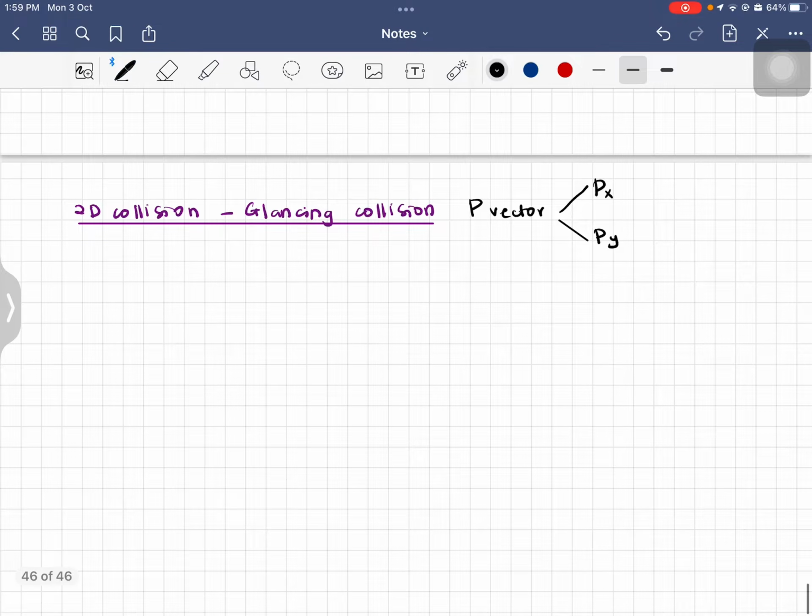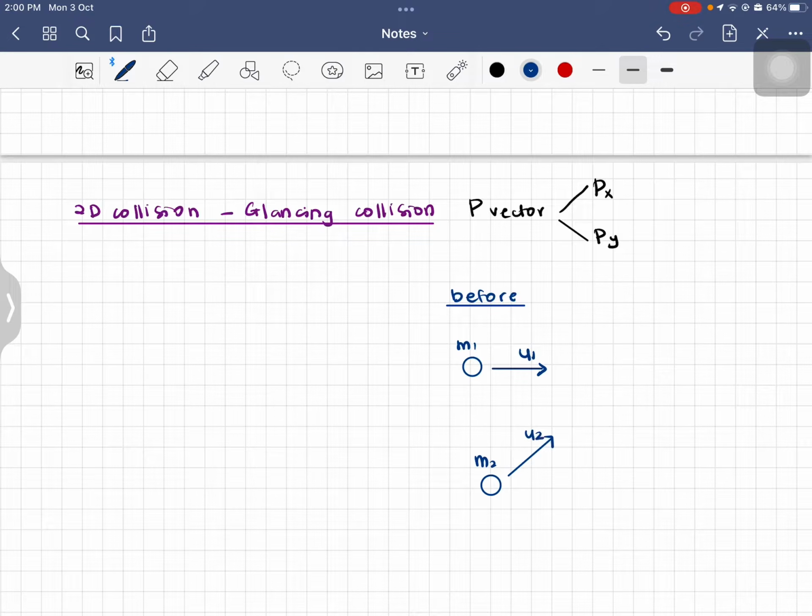So let's say you have a collision here. Before, one of the collision is something like this. Your M1 is going like this. This is U1, this is M1. But your M2 is coming like this. This is your M2.